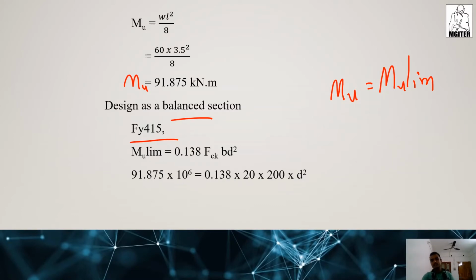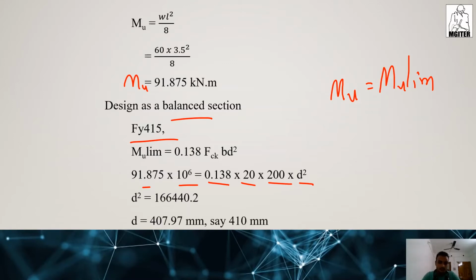We provide all the values here. Mu limit is 0.133 into 20 fck, width 200, and depth we will find, the missing depth. So d square gives depth equal to 407.97 mm, so we assume depth is 410 mm.